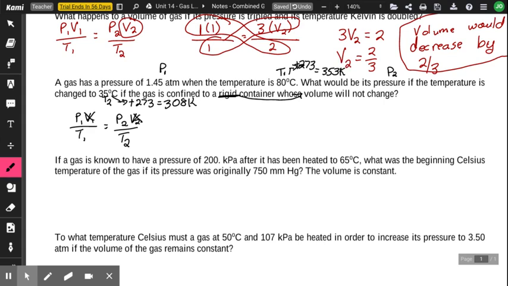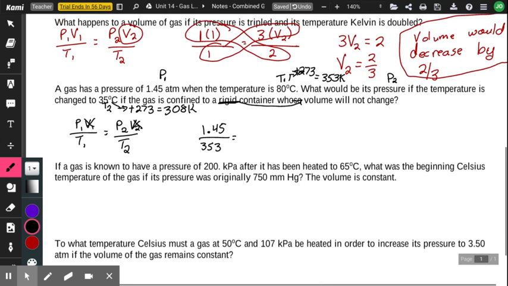These are Kelvin. So P1 was 1.45 atmospheres. 1.45 divided by T1, which we found to be 353, equals P2, which is what we're looking for, divided by T2, which was 308.